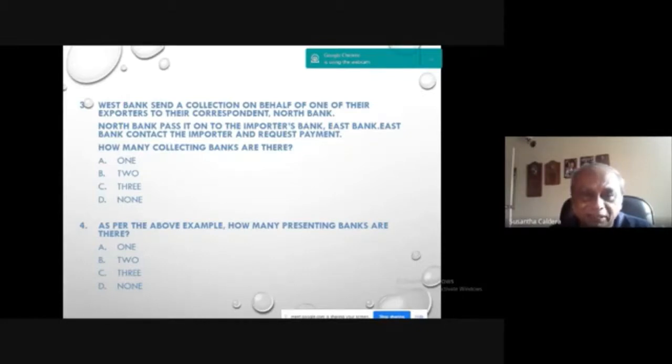Collecting bank. Very good. North Bank passes it on to the importer's bank, East Bank. Then East Bank is? Presenting bank. Very good. East Bank contacts the importer and requests payment. How many collecting banks are there?